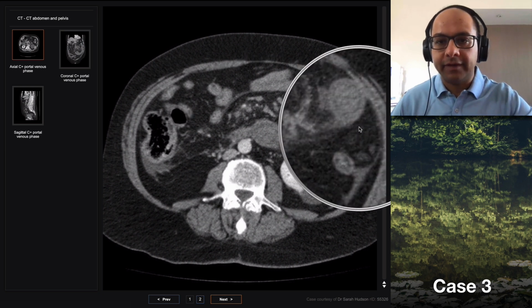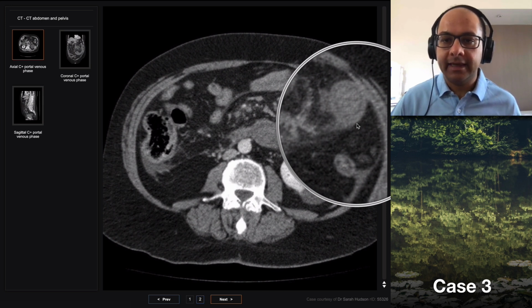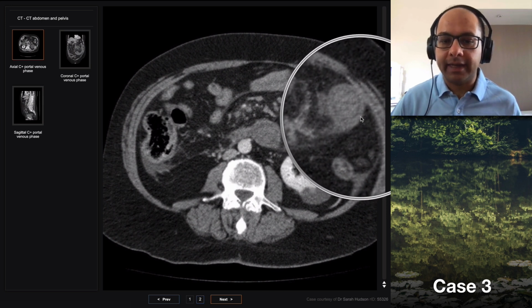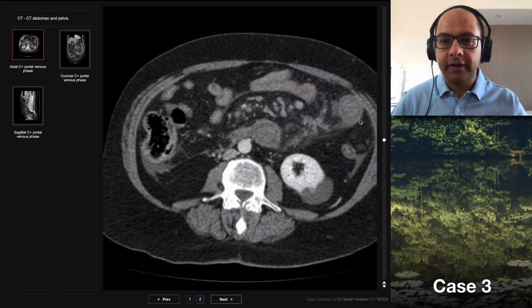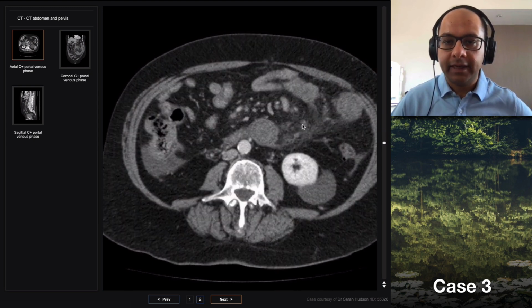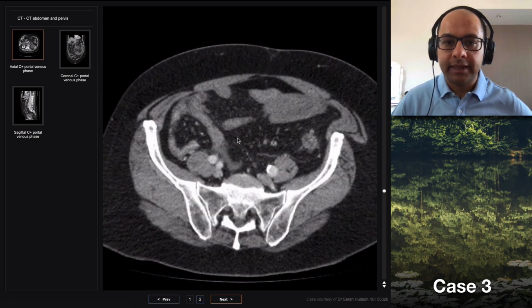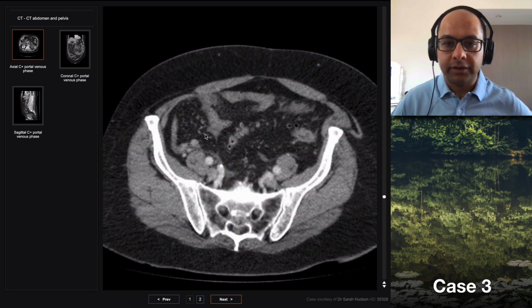So we have this mucosal hyperenhancement, then submucosal hypodensity, and then the outer layer is hyperdense. So you get this target-like pattern of 3 different density layers. Again, congestion and free fluid within the small bowel mesentery, a few small inflammatory looking nodes. The distal small bowel looks okay.